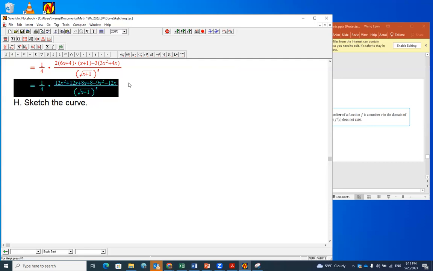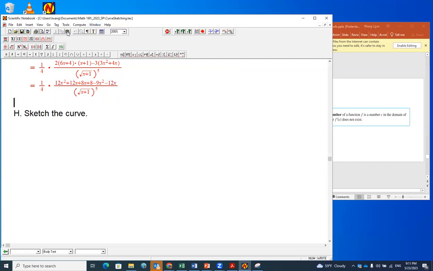All right. Then what do we get? The x squared term and x squared term will combine, so we get 3 times x squared. The negative 12x and 12x, these two will reduce to 0.